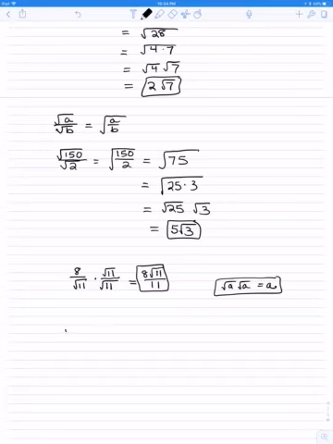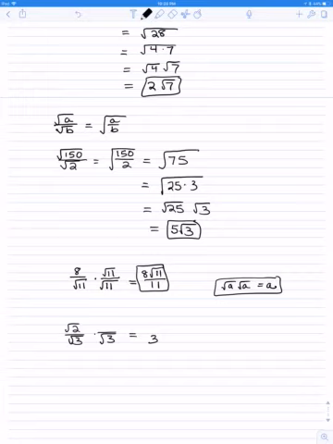Now, if I have the square root of 2 over the square root of 3, again, we have the square root of 3. It's an irrational number. We don't like to leave those irrational numbers in the denominator, so I'm going to multiply it by itself, another square root of 3. And I know the square root of 3 times the square root of 3 is just 3.